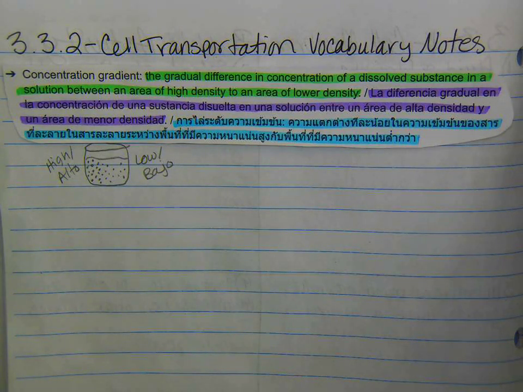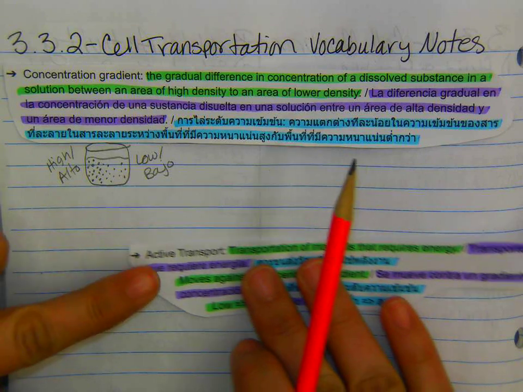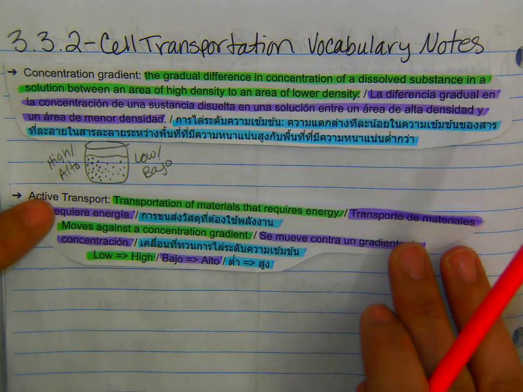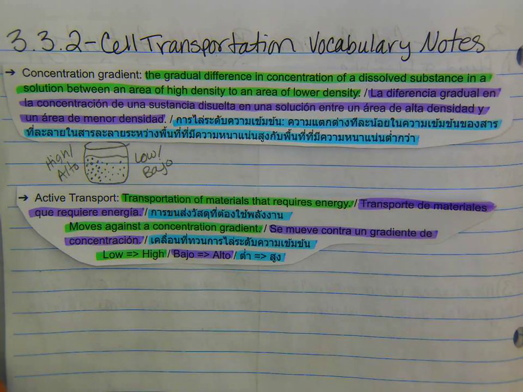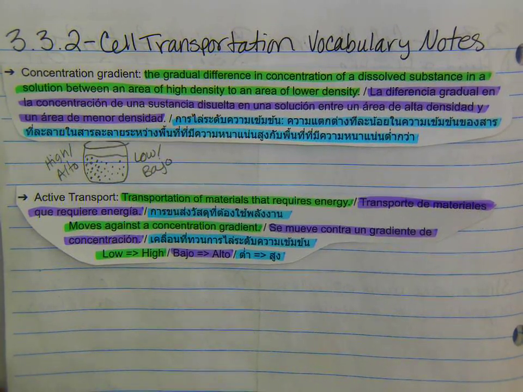So, to be able to move, we've got two different types of transport that happen. We have active transport and passive transport. Let's start with active. So, active transport means transportation of materials that requires energy.